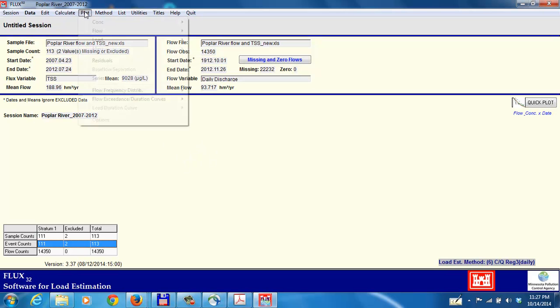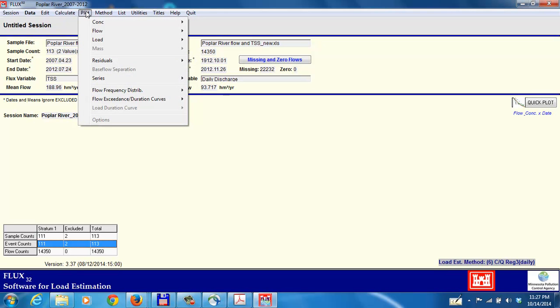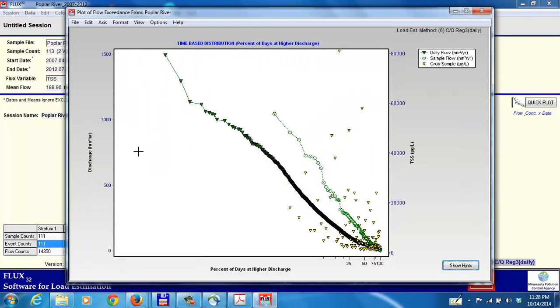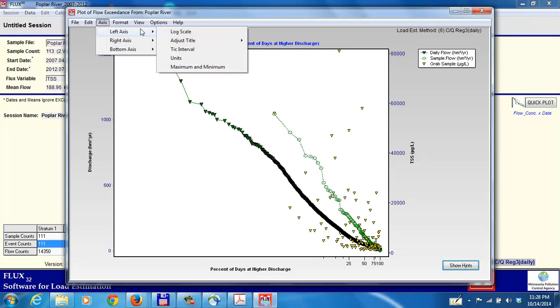One of the things that we did in the first assignment was to look at the flow duration curve, or flow exceedance duration curve, and that was time-based. We can use volume-based here as well, but time-based is what we used. So let's plot that. And here, remember that in assignment 1 we used a log scale on the vertical axis, so we'll plot that on a log scale.